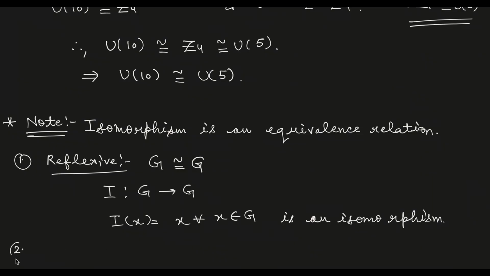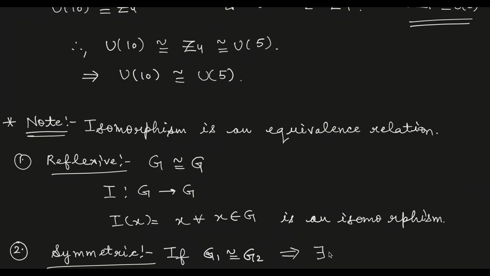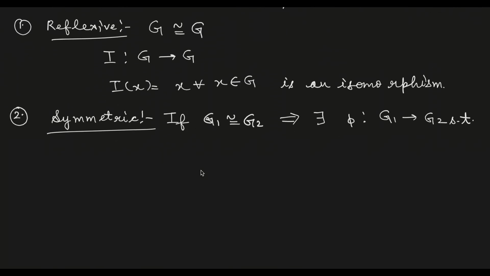Second, symmetric. If G1 is isomorphic to G2, this means that there exists a map phi from G1 to G2 such that phi is an isomorphism.